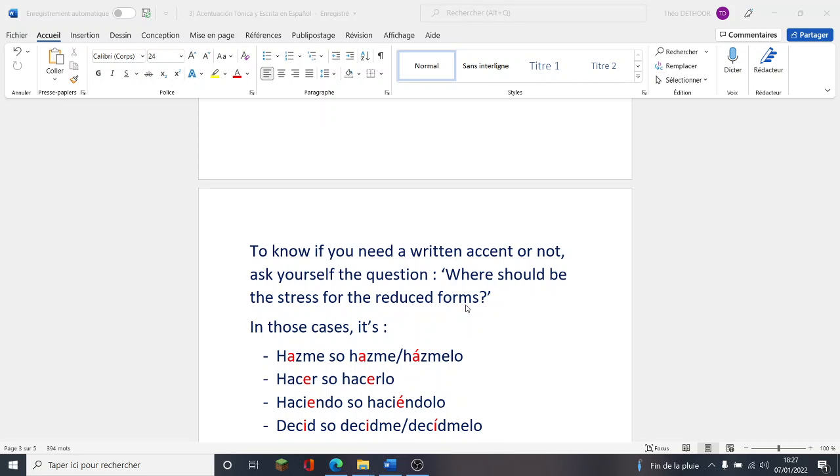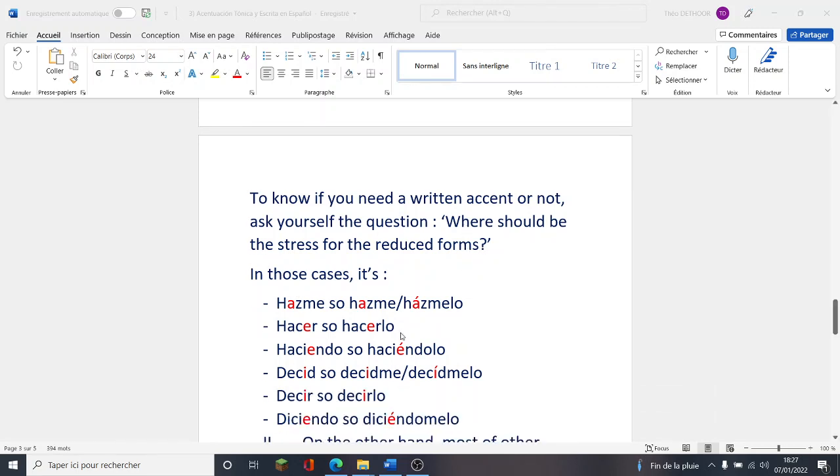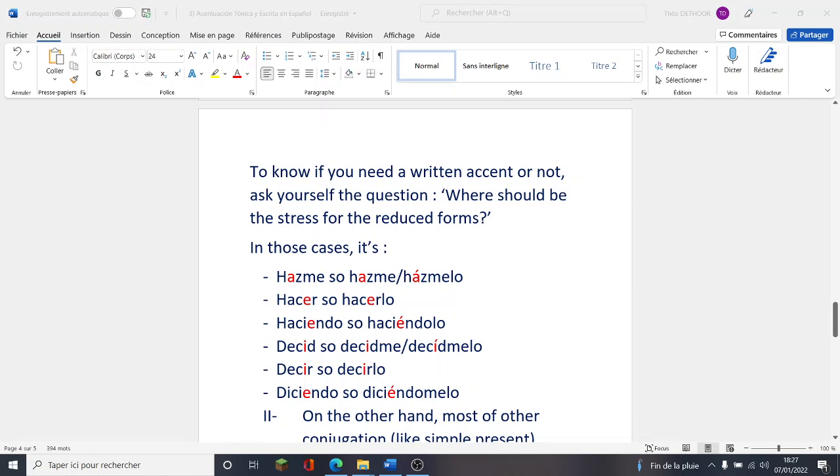So let's see how it works. For example, those six are the same as the six we saw before, so you can make links between them. In the first example we have hazmelo.